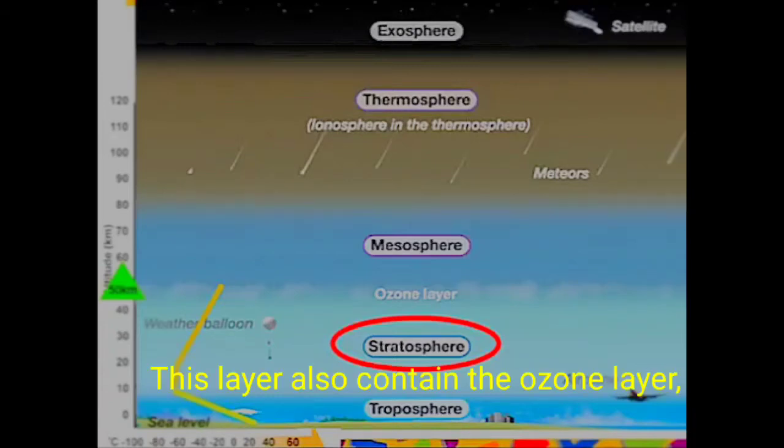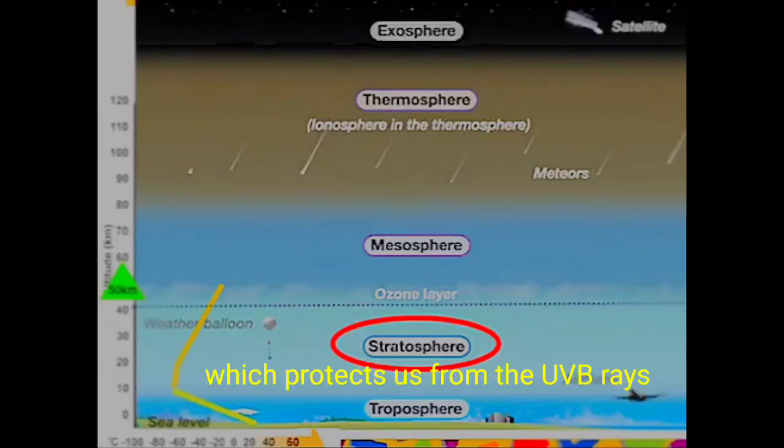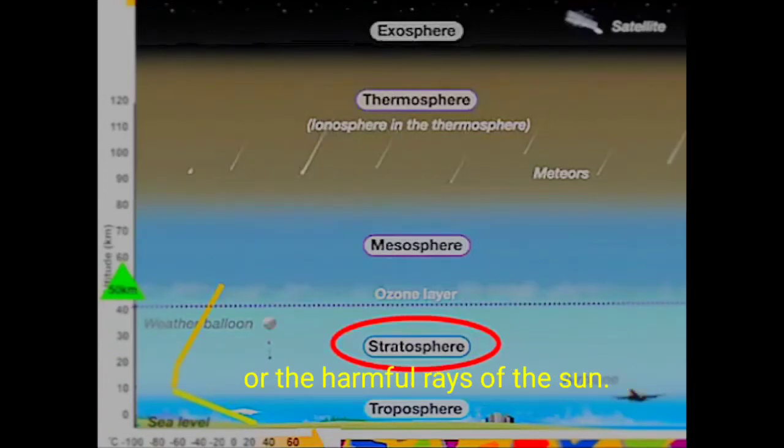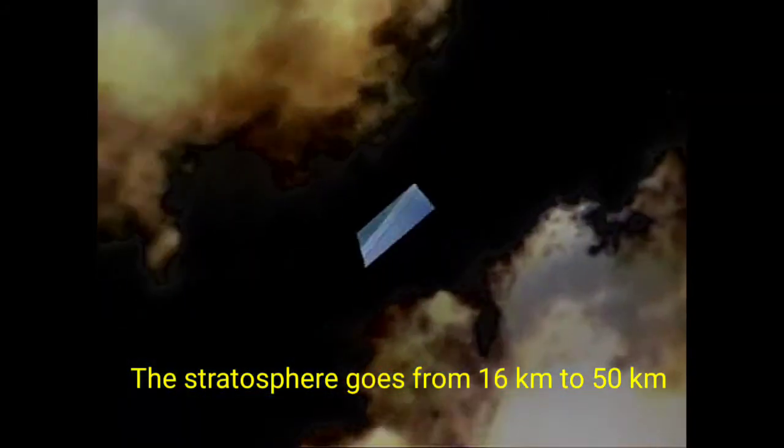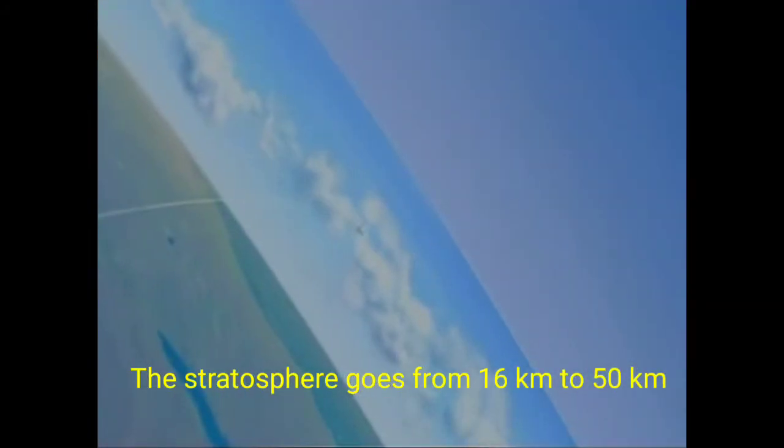This layer also contains the ozone layer, which protects us from the UVB rays, or the harmful rays of the sun. The stratosphere goes from 16 kilometers to 50 kilometers. Most jets fly in this layer.